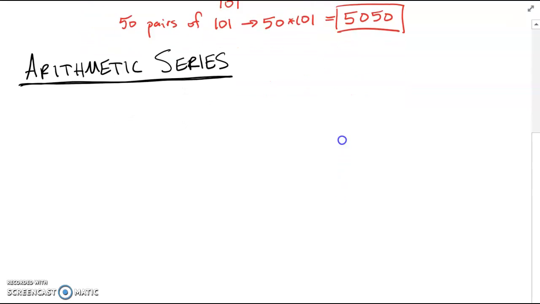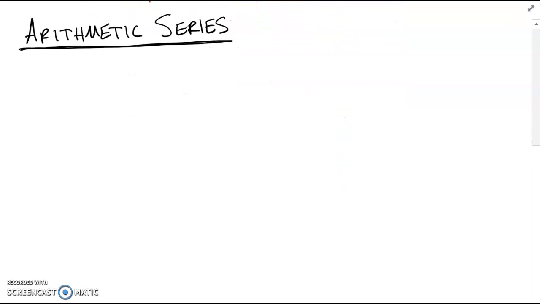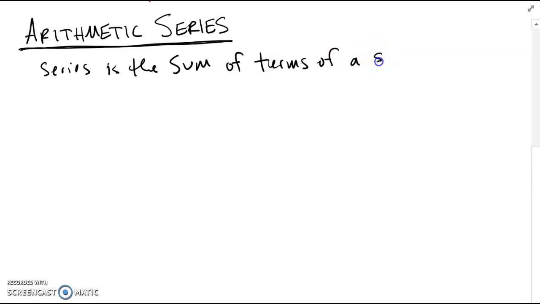But basically, an arithmetic series, it's all about the addition, is that a series is the sum of terms of a sequence. All right, so now an arithmetic series means the sum of terms of an arithmetic sequence. So let's look at Gauss's pattern with more generalized terminology.